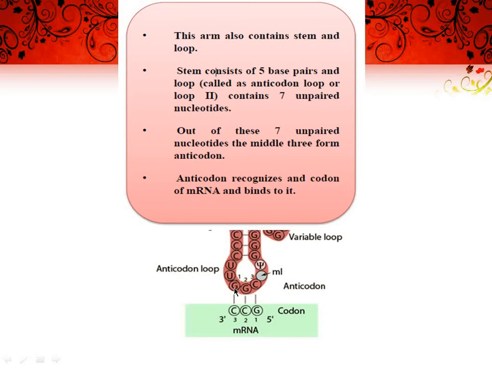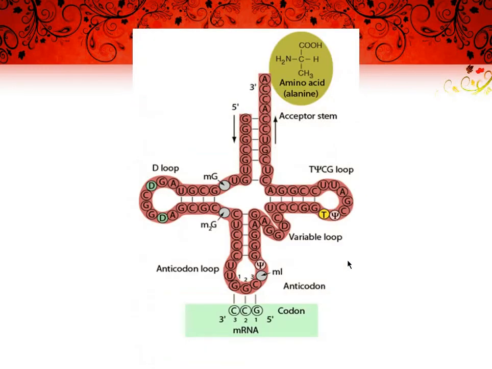Here you can see this is the GGC anticodon, and this anticodon has complementary pairing with the codons of mRNA, and this transfer RNA with anticodon GGC carries the amino acid alanine.